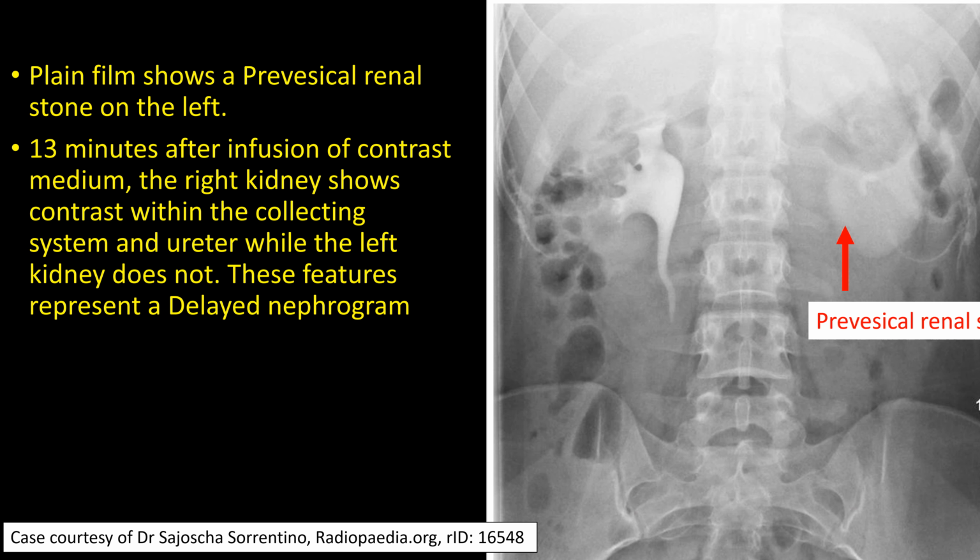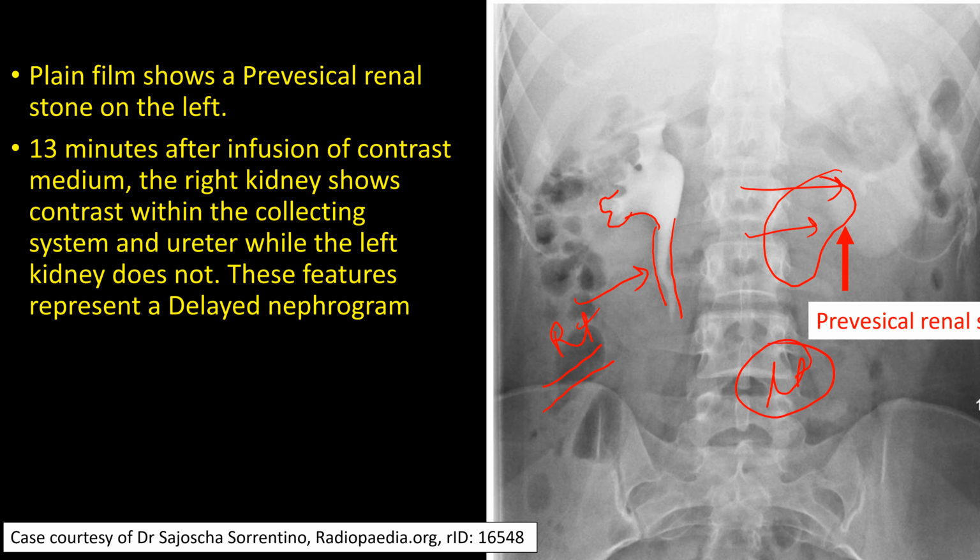In this image, we can see the calyces, pelvis, and ureter on the right side of the patient. But at the same time, the calyces, pelvis, or ureter are not visible on the left side.